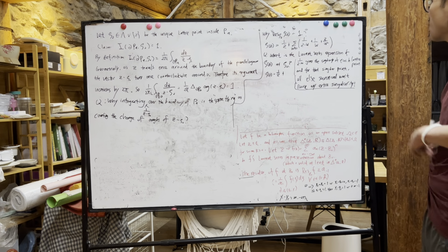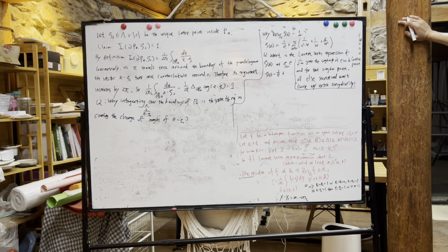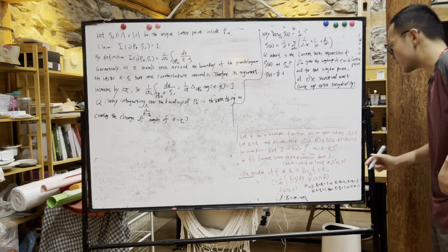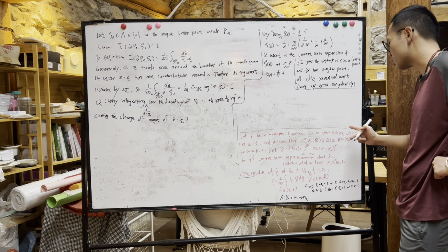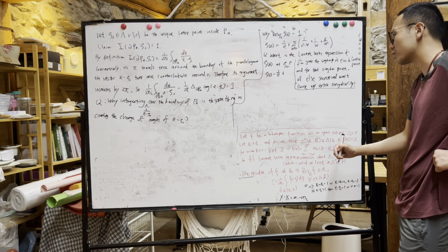Okay, but how can we turn this into the Laurent series expansion? Basically the Laurent series expansion has two parts: one part is the usual Taylor series part, and one part is the singular part, right?